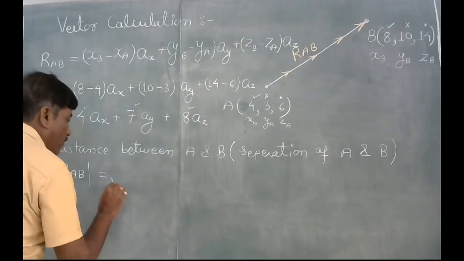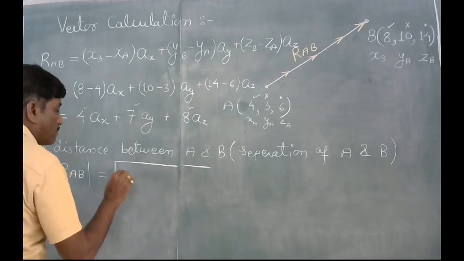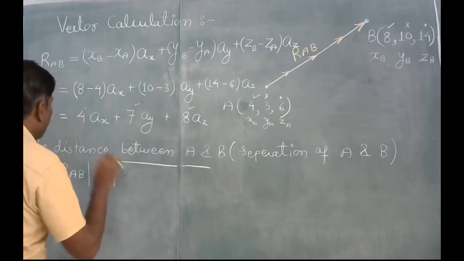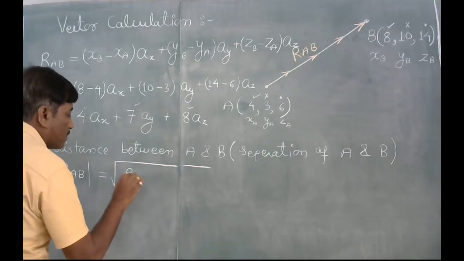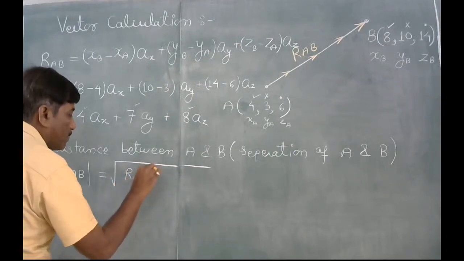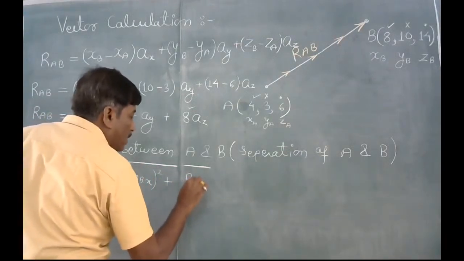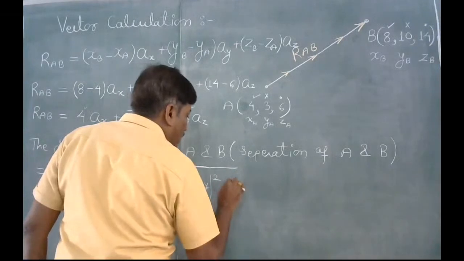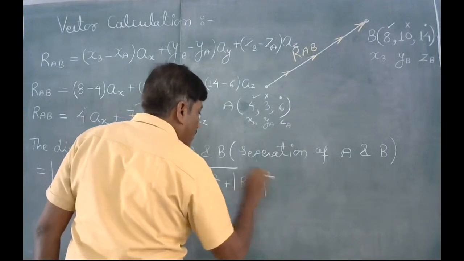So the magnitude of this vector we can write as the x component of RAB squared, plus the y component of RAB squared, plus the z component of RAB squared.